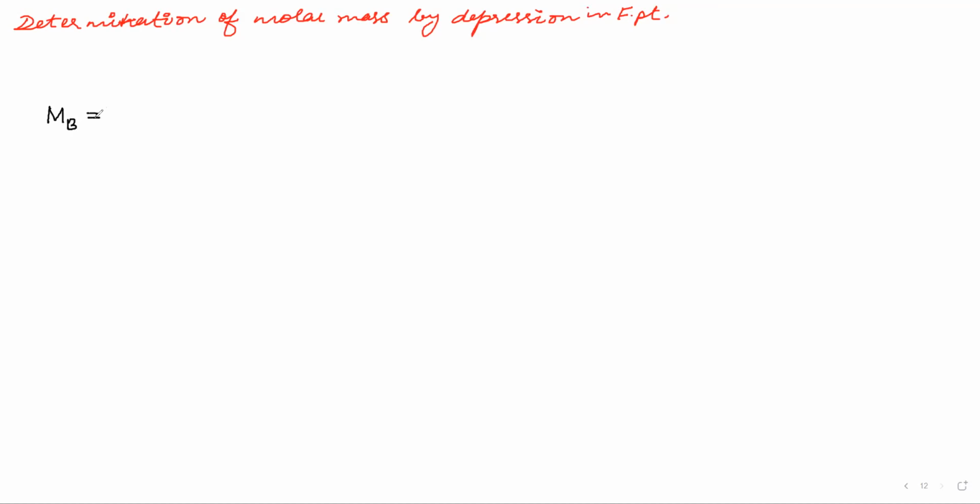Sania is done. Ahmed is also done. Amalia and Mariam. Okay, fine. Just relate the terms in depression in freezing point and elevation in boiling point.